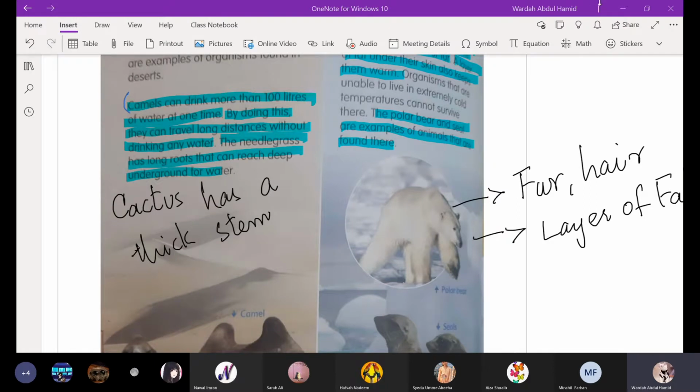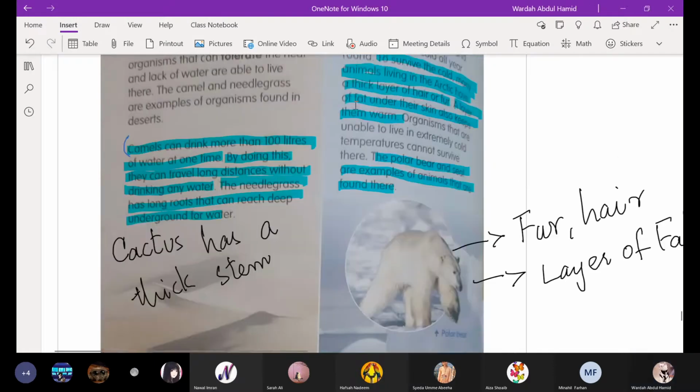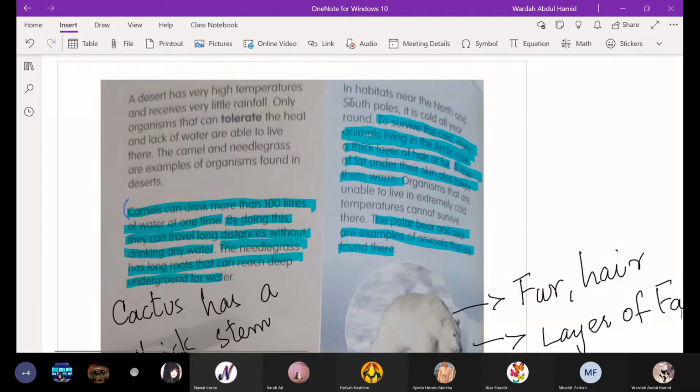And Anusha Faraz. Yes, Anusha. In habitats near the North and South poles, it is cold all year round. To survive the cold, many animals living in the Antarctic have a thick layer of hair or fur. A layer of fat under the skin also keeps them warm.